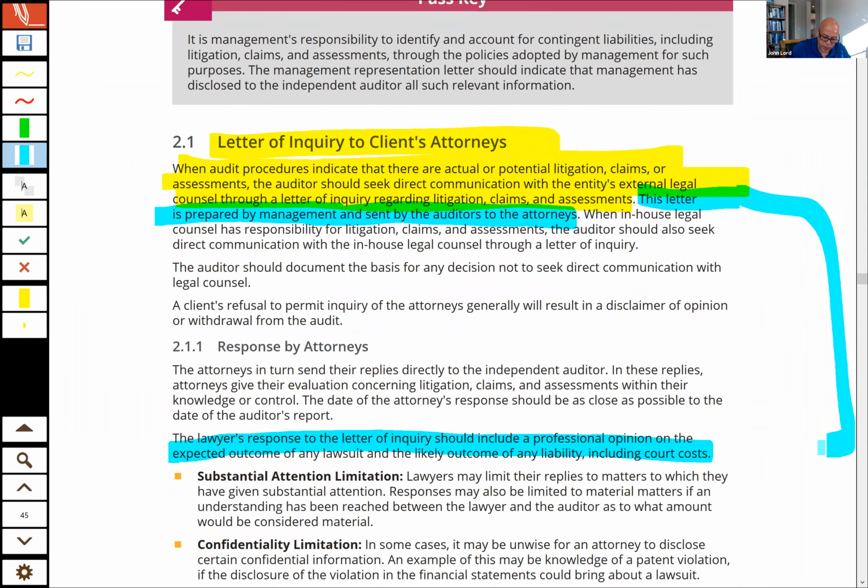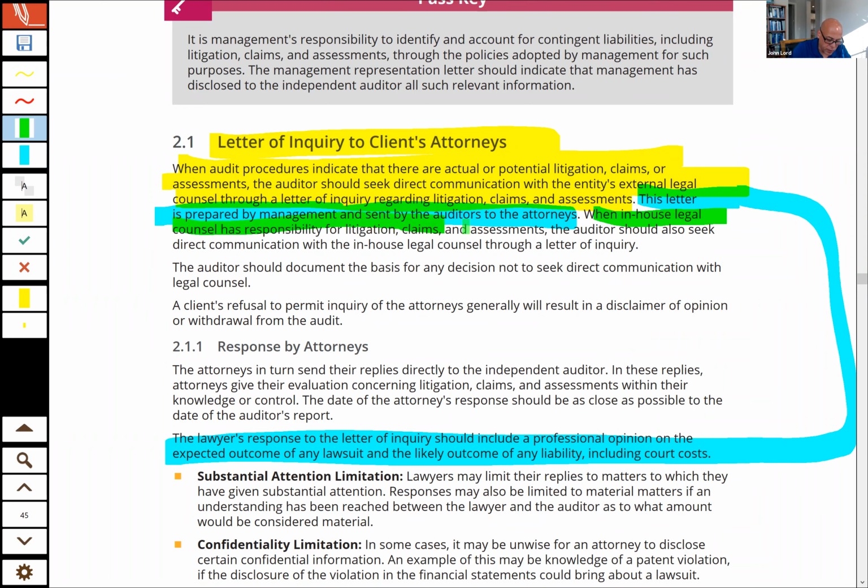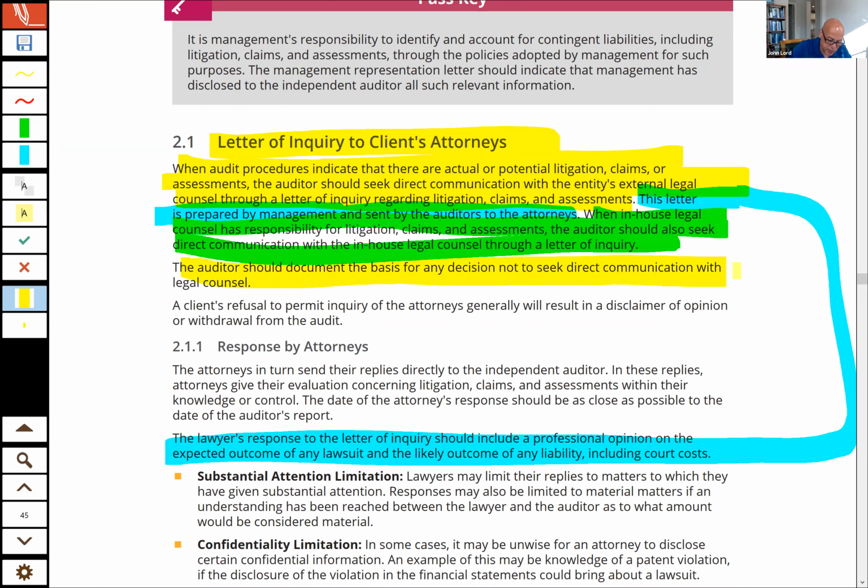So the letter is controlled really by the auditors. And if there is in-house legal counsel, then you're going to have to ask the client to allow you to speak to that in-house legal counsel. Now, the auditor should document the basis for any decision not to seek communication with legal counsel.